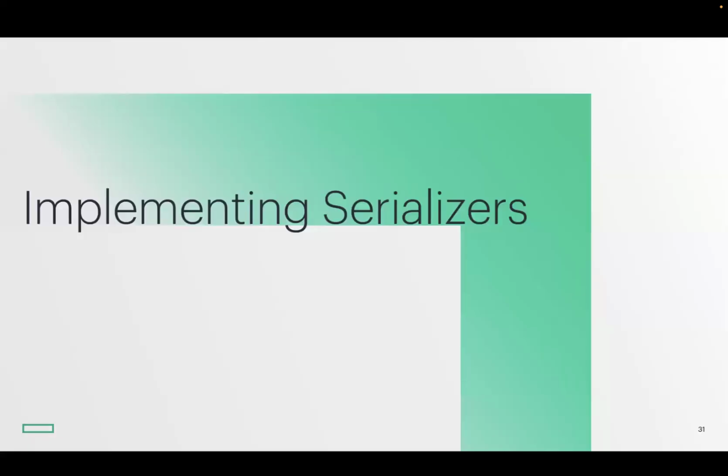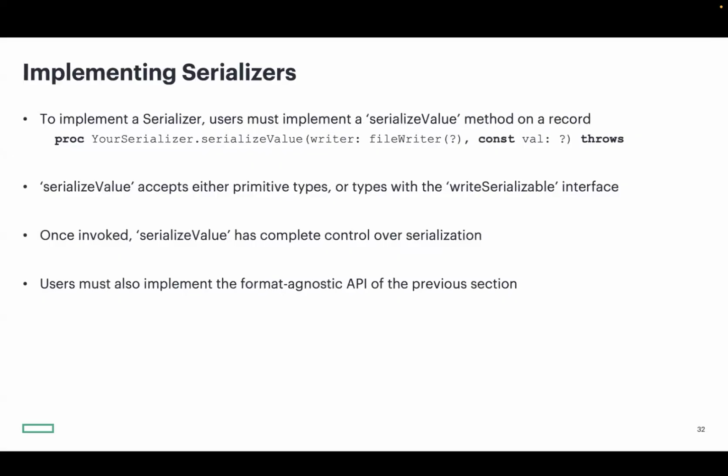So in the remaining time, a couple slides here on implementing serializers themselves. To implement a serializer, you must implement a method called serializeValue on a record. This method accepts a writer and a value by constant intent, and it throws. serializeValue accepts either primitive types or types that have implemented the right serializable interface.